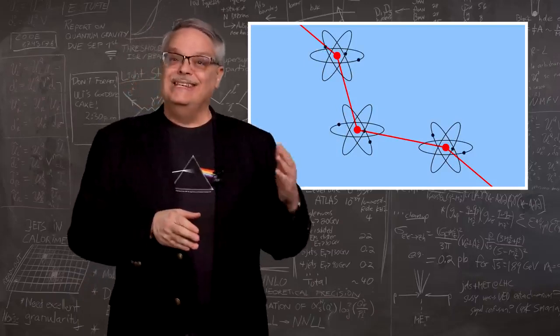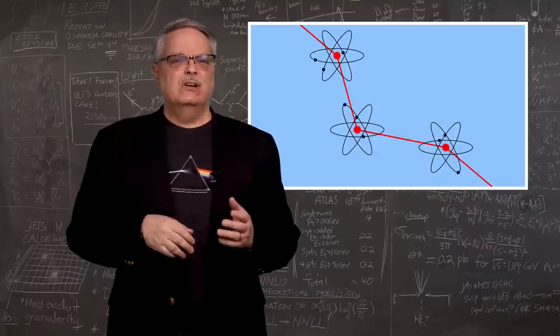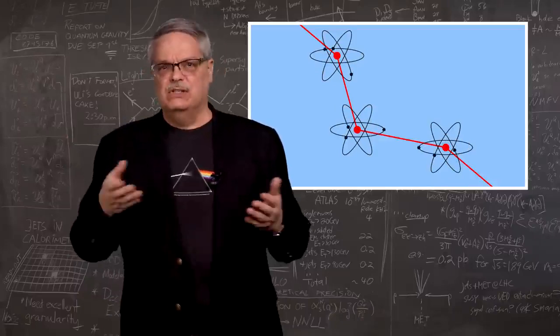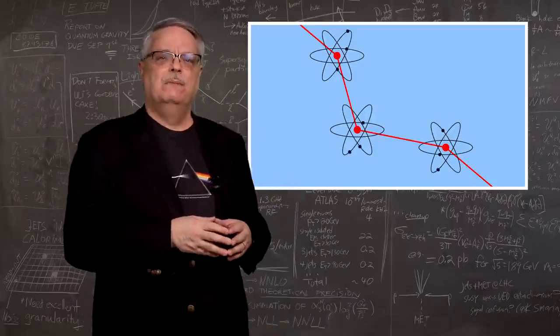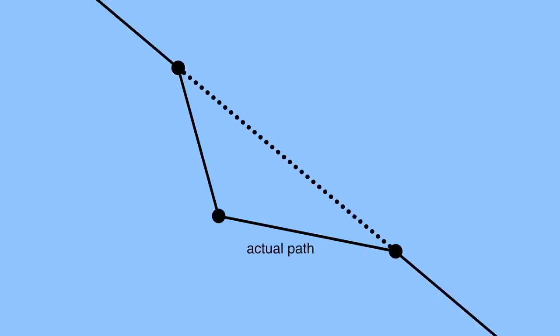That process occurs again and again as the light passes through the glass, but let's focus on just these two scatters to see how the explanation goes. If we take away the atoms, we can see the important bits. There's the actual path traveled by the light in this scenario, which we can compare to the straight line path.